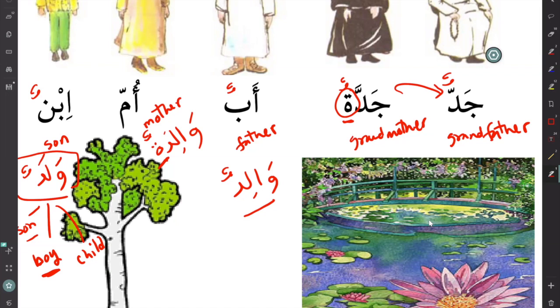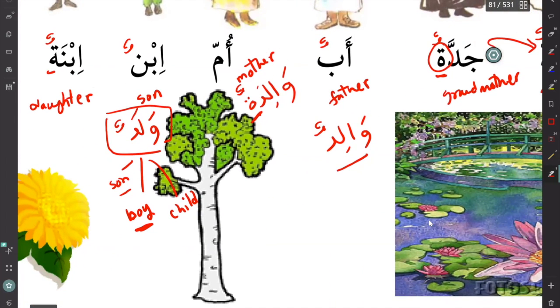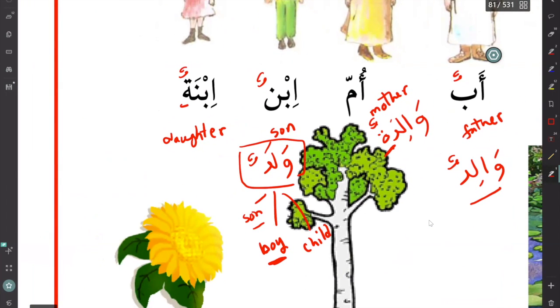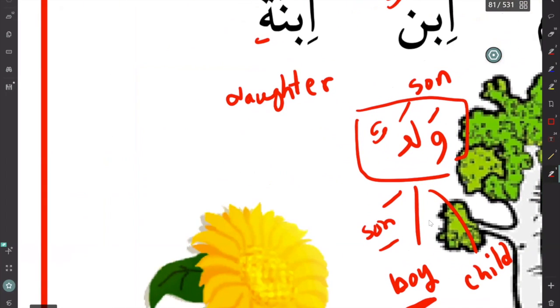Some masculine words you can make feminine: jaddun, jaddatun, grandfather, grandmother. Walidun is father, walidatun is mother. Ibnun is son, ibnatun is daughter. Just like waladun, we have another word we can use for daughter, which is bintun. Bintun can be daughter or it can be a girl.